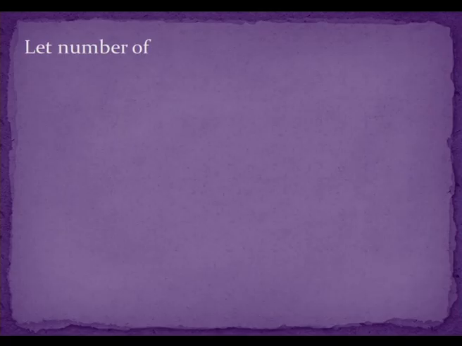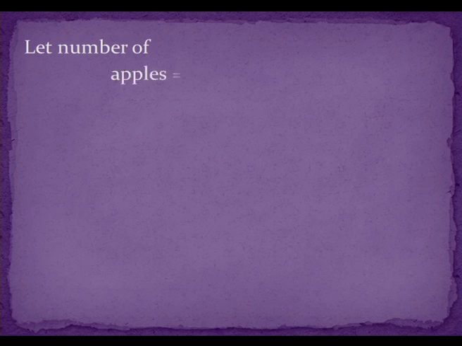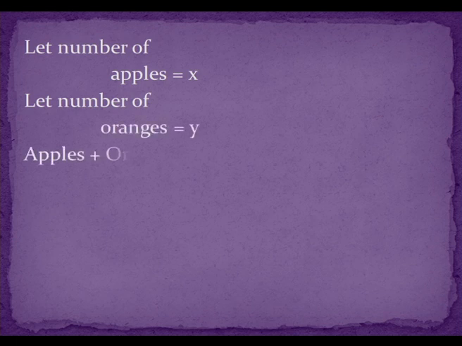Coming back to our problem of finding number of apples and number of oranges in algebraic method using substitution, let us take number of apples as x and number of oranges as y. We know that total number of apples and oranges is 10.